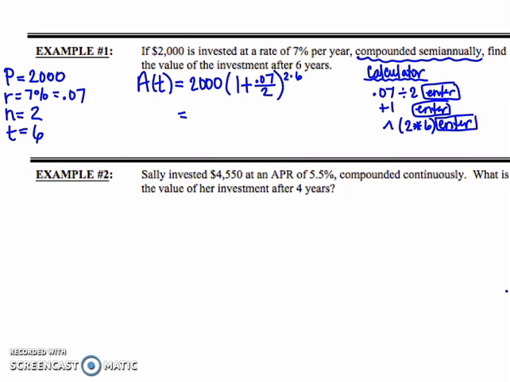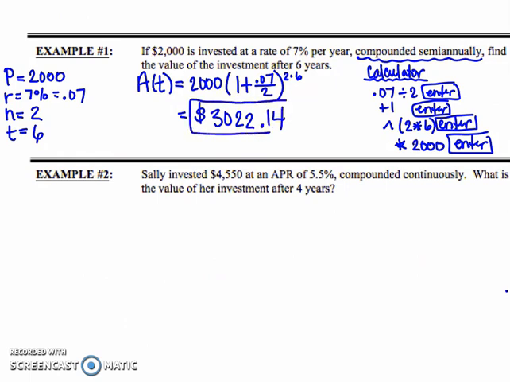And we hit enter, and then finally we're going to take that times 2,000, and we're going to hit enter. Okay, so at this point you might want to pause, try this out. The answer that you should get is $3,022.14 rounded to the nearest cent. So your $2,000 at these conditions 6 years later would be $3,022.14.